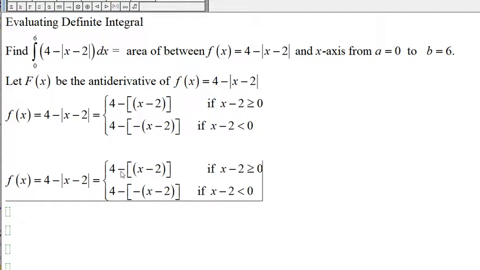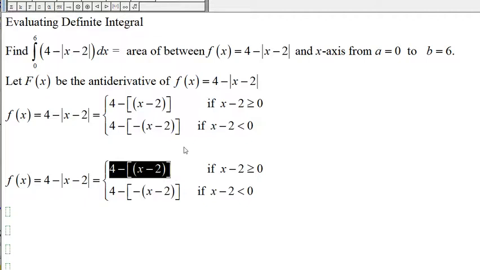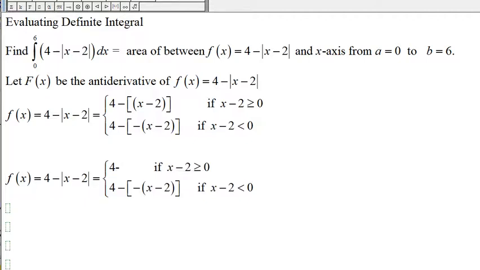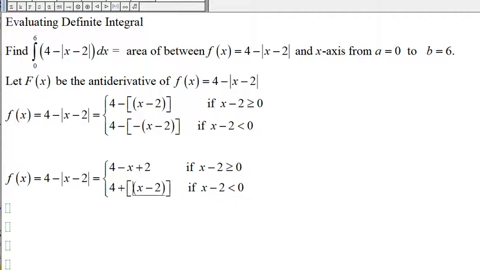And so this becomes 4 minus x, minus 2. And for the other case, 4 minus, this is minus x plus 2, and then minus and minus makes it plus, so we get 4 plus x minus 2.